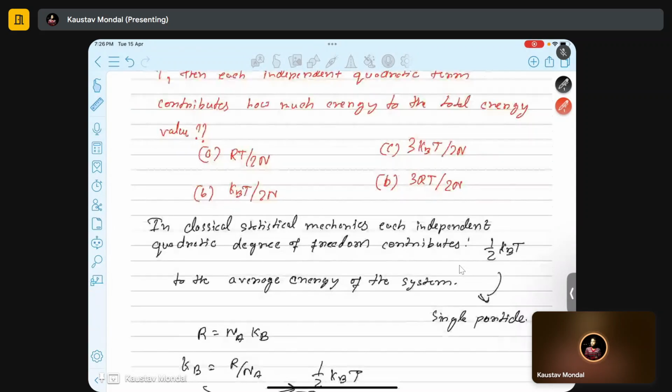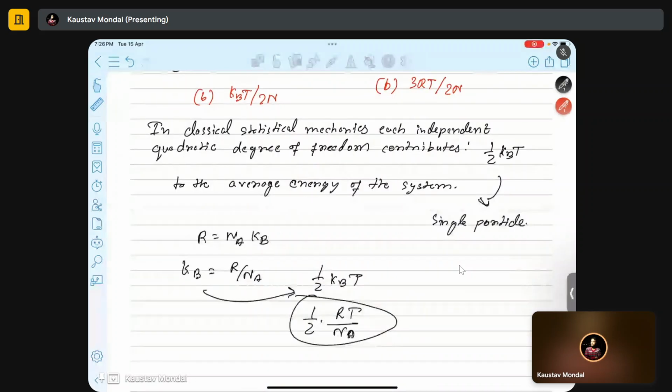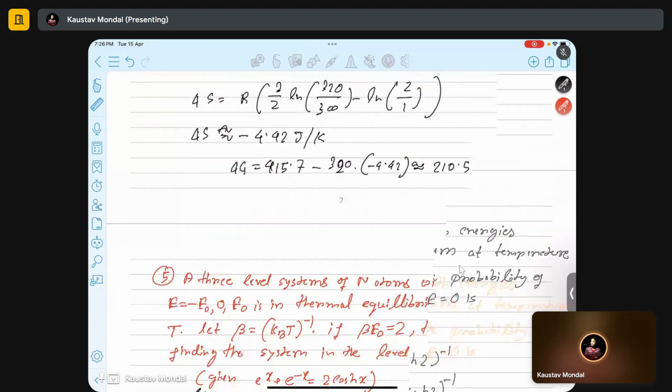So the correct answer would be the RT by 2n option. Basically, you use the expression R equals Na kB, and from there you get kB as R by Na. Then substituting into half kBT gives RT by 2n. So this is how you should calculate. Question number 6 is done.